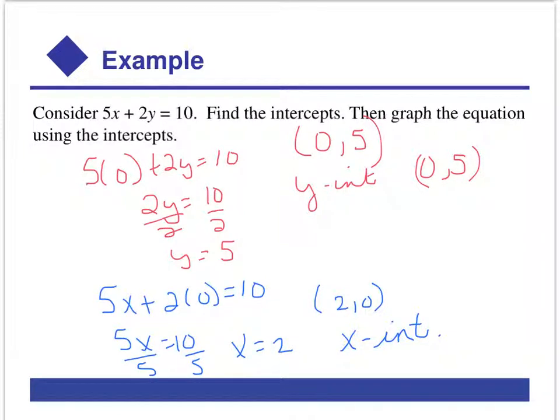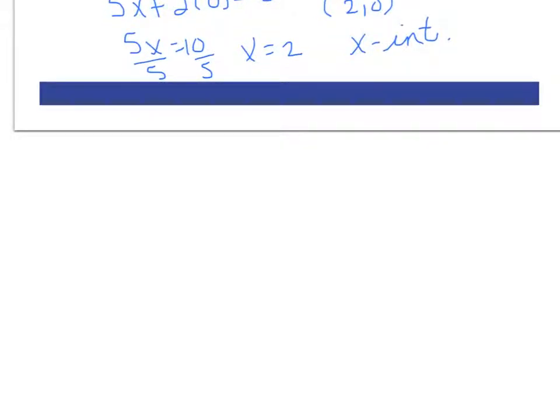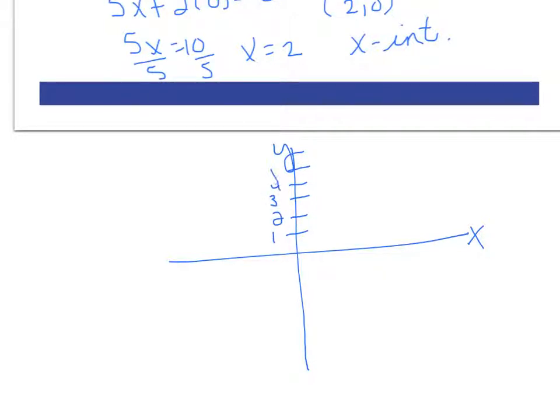Now the directions said to find the intercepts, then graph the equation. And you can do it a couple of different ways. I'm going to move this up. Again, I don't have a graph on here, so we're going to pretend this is x, this is y. Let's get in some lines here, 1, 2, 3, 4, 5.